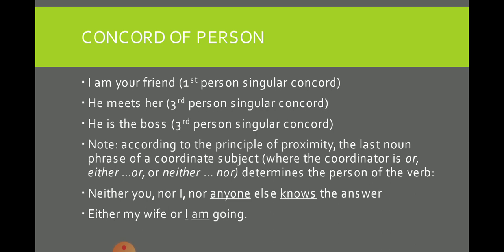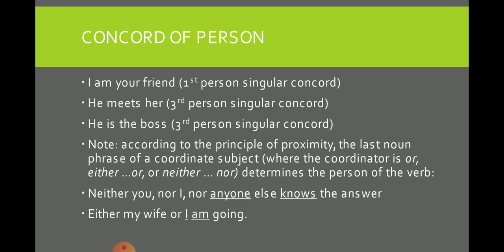So in this case, as we mentioned, we have two types of concord, the concord of number and the concord of person. The same applies with the last example. He is the boss.